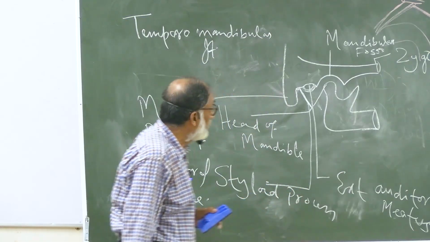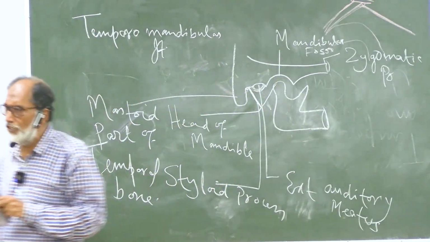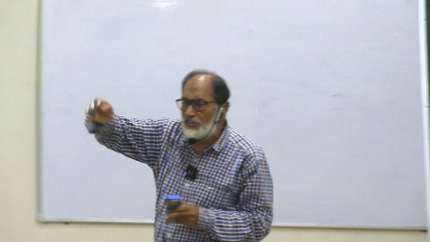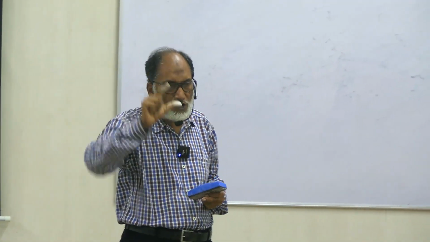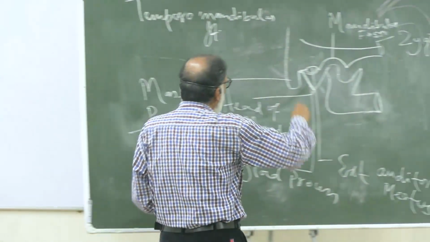Right. Now, the characteristic of this joint is that it is completely divided by one fibrocartilage that is called articular disc. It completely divides the joint into upper and lower compartment.